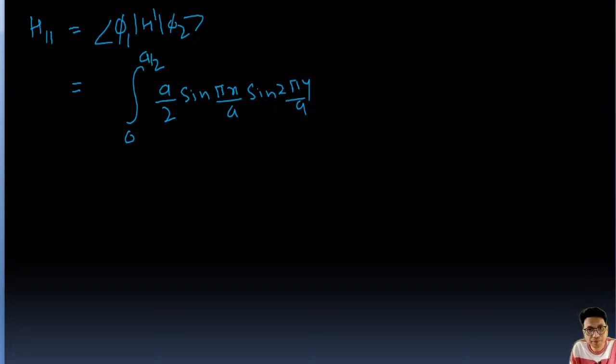Then H dash is going to be, we can write it like this as well, integration 0 to a by 2 phi 1 star H phi 2 dx.